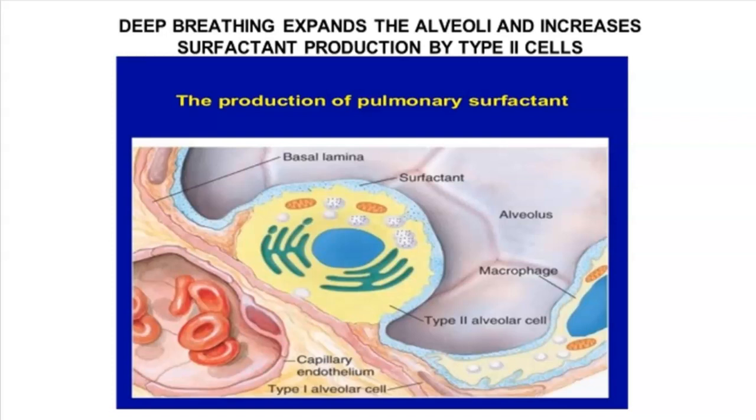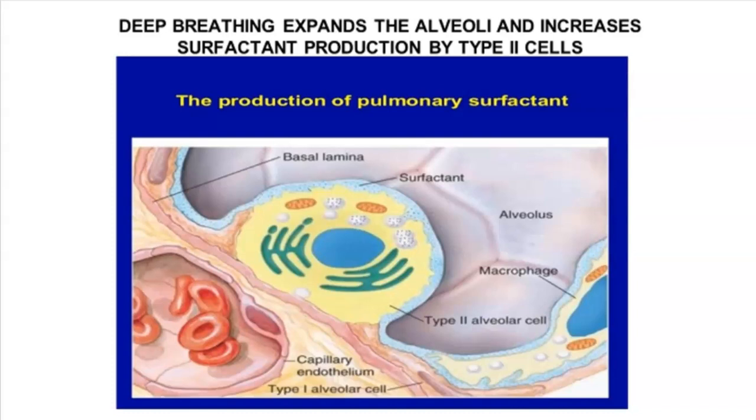So we see that there are microscopic, very thin coatings of water on the inner surfaces of the alveoli, and the production of surfactant by type 2 alveolar cells helps to reduce the surface tension of the water that is in the alveoli, so that way it helps to keep the alveoli inflated.